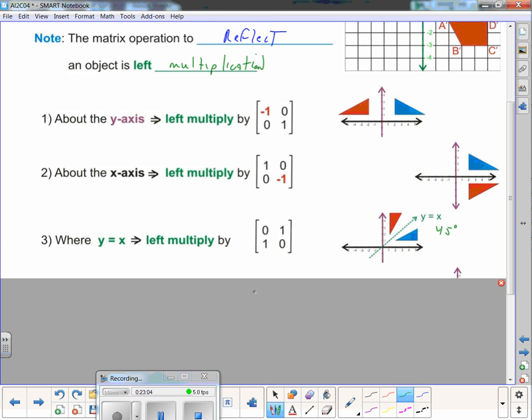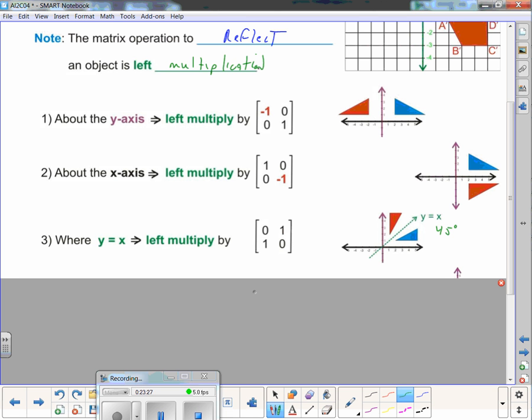Geometry, a tangent of... you know the value of the tangent for a 45-degree angle? Tangent of 1 is a 45-degree angle. All right, how would you do that? So the matrix, top row, 0, 1, bottom row, 1, 0.